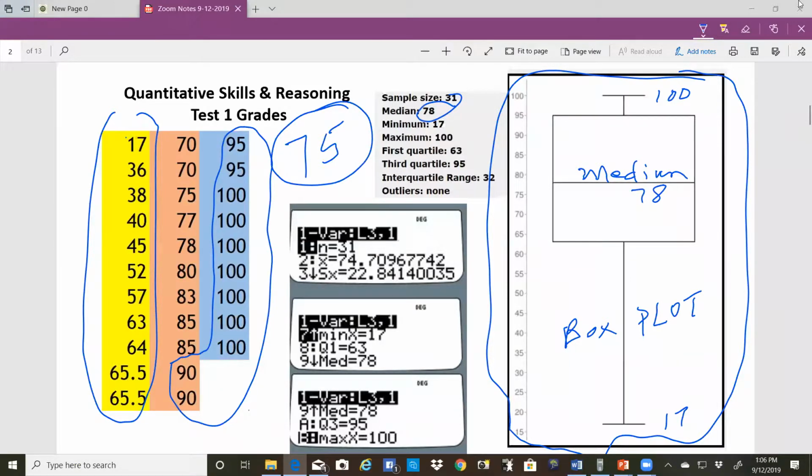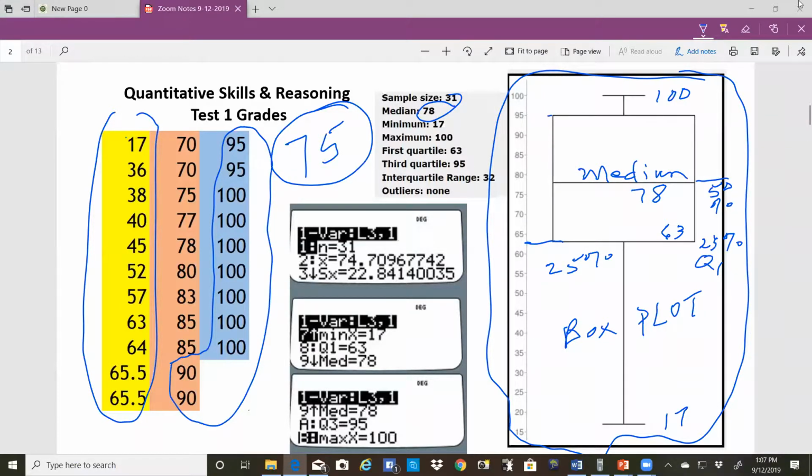And this is the 25% point called the first quartile. In other words, 25% made below first quartile, which was 63. And of course, the median, this is 50% of the people.